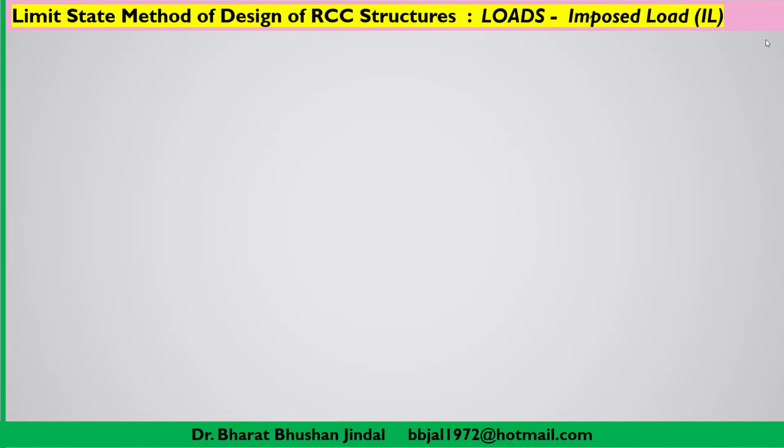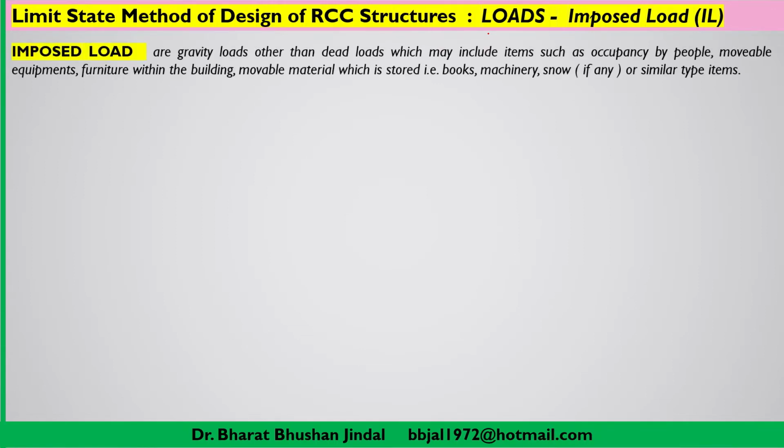Now, the second type of load which is prominent in structures or buildings that we are going to design later on is imposed load. What are imposed loads? They are also gravity loads other than dead loads, which may include items such as occupancy of people. That means later on the structure will be occupied by people. Their load, which is movable load, can be considered as imposed load. Earlier it was called live load.